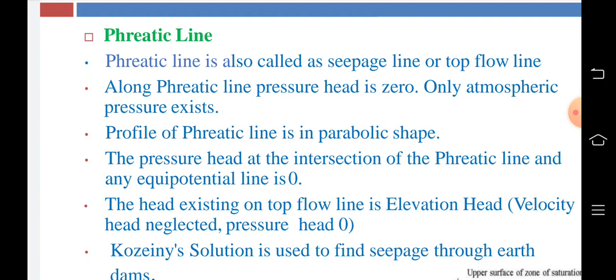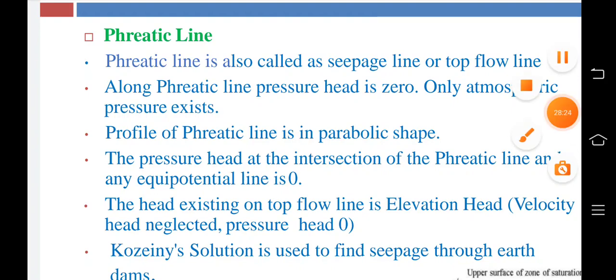The pressure head at the intersection of a phreatic line and an equipotential line is 0. And the next one, the head existing on the top flow line is the elevation head; velocity head is neglected and pressure head is 0.